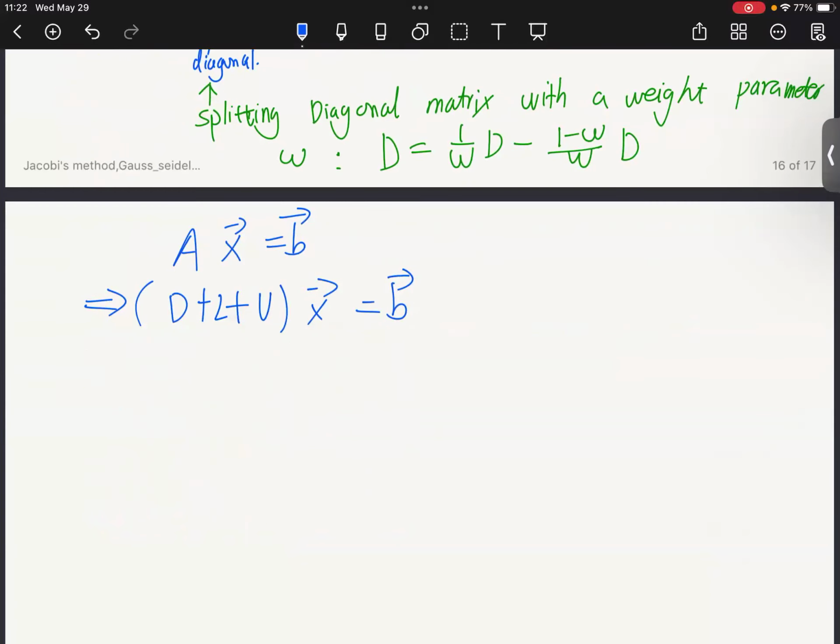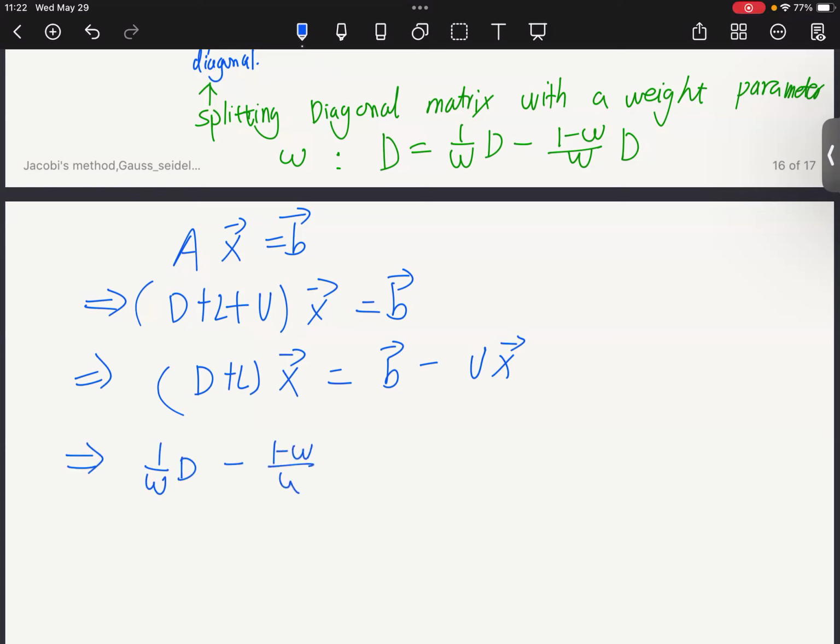This is quite the same as in the Gauss-Seidel method: I move the Ux to the right. But now for the D, I'm going to use the split format. I split it into two, so I have (1 over omega)D minus ((1 minus omega) over omega)D plus L, times x, equals b minus Ux.